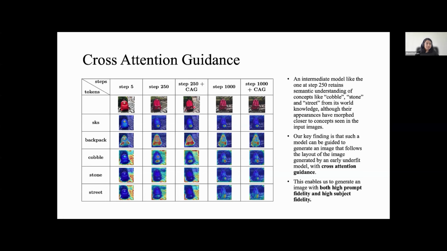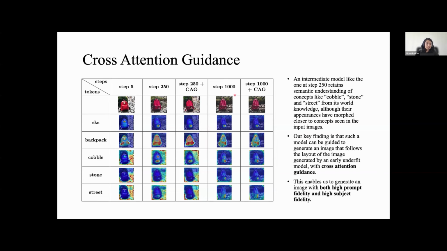And the way we do that is with cross-attention guidance, where we try to get all these cross-attention maps to look like something close to this. So if we look at the second column here, the attention maps had started to drift away, but by enforcing these to look something similar to the step 5 image, we're able to generate this kind of an image. And by doing this, we are able to get both high prompt fidelity and high subject fidelity.